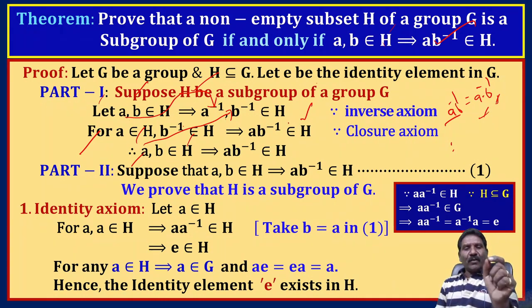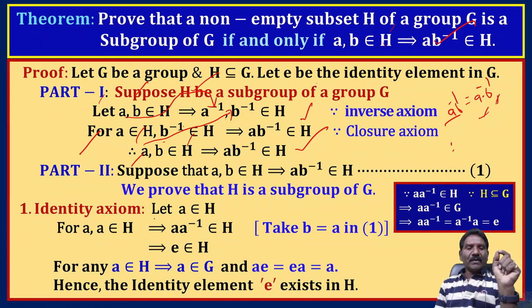Since H is a group, we are using 2 conditions: inverse and closure axioms. Therefore, A, B belongs to H gives AB inverse belongs to H. The necessary condition is verified.